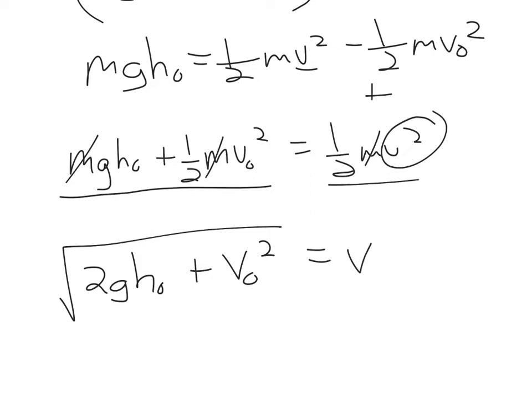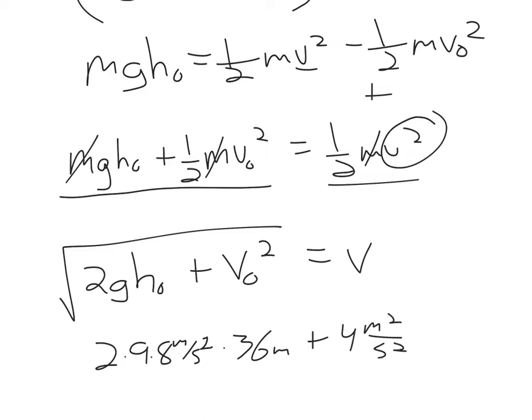Good. Well, what do we have there? 2 times 9.8 meters per second squared times the height we start at, 36 meters, plus v naught, which was 2 meters per second, and if we square that, that's going to be 4 meters squared per second squared, and I have to square root that. All right, let's plug that in.